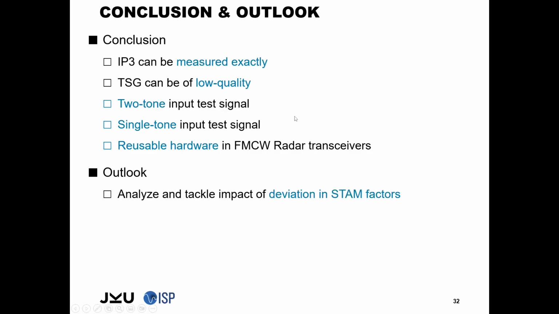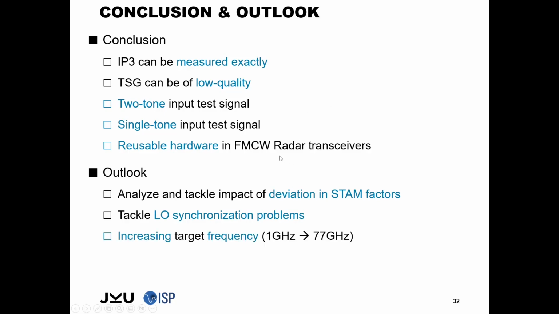So what's the outlook now? We should analyze and tackle the impact of the deviation in stem factors, so to improve the IP3 results even more, and to tackle the LO synchronization problem, as I mentioned before. However, on integrated circuits, this LO is very synchronized throughout the whole chip, so this is not really a problem if someone wants to integrate the AST linearity test.